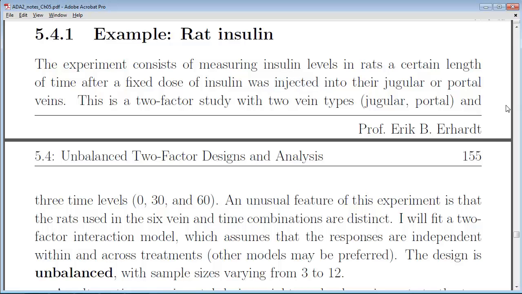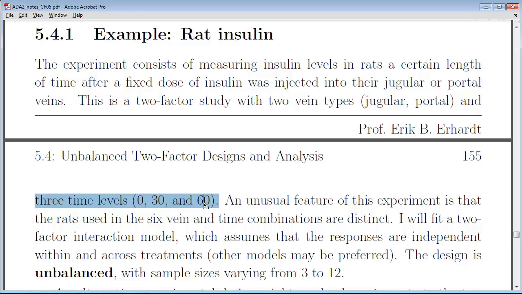Once we inject a rat, we're going to wait, and in fact this is an unusual experiment. We're going to look at 3 different time levels. We might expect that we inject a rat, take a measurement at time point 0, then wait 30 minutes, take a second measurement, wait 30 more minutes to 1 hour, and take a third measurement.